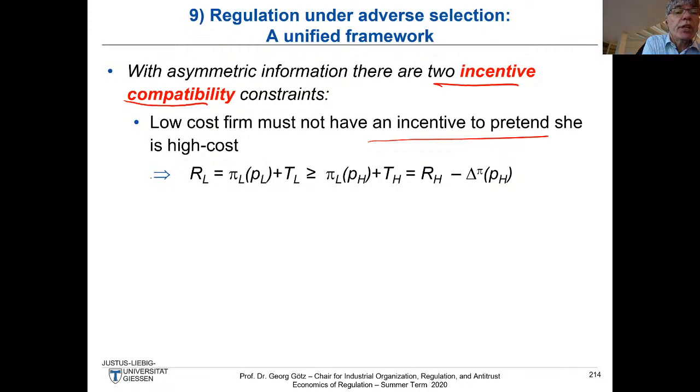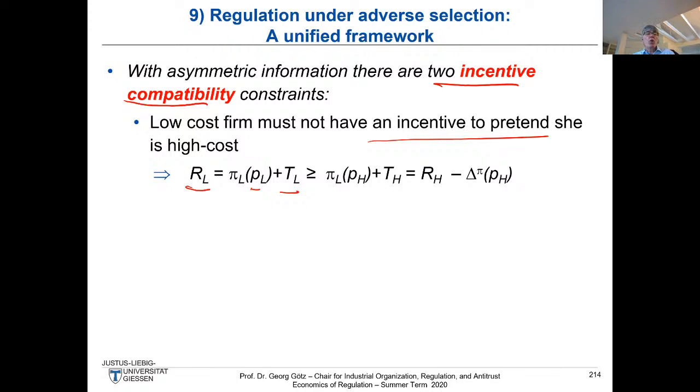Now, what we are doing here is the rent the low type gets in the case in which it accepts the contract which is tailored for it. Okay, so the regulator offers two contracts, a contract PL, TL and a contract PH, TH.